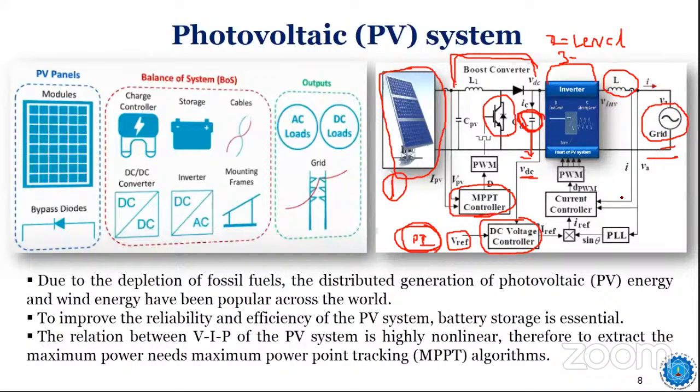To maintain that power quality, we need synchronization, which is done with the help of a phase lock loop. We need a current controller here that will help us produce the required PWM output. All our requirements of maintaining power quality on the grid side or load side are based on the control of the inverter.